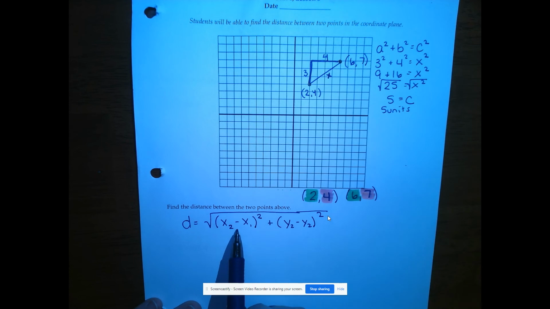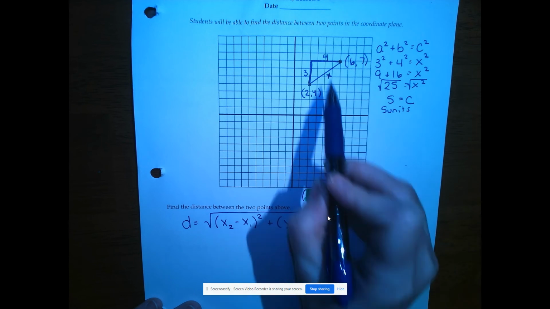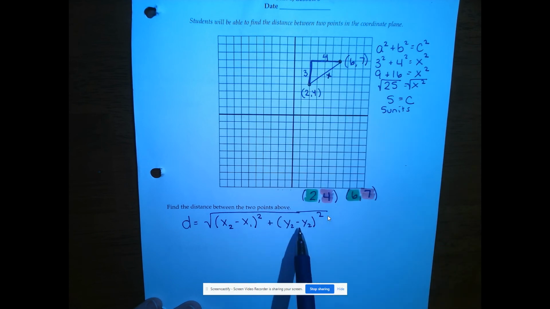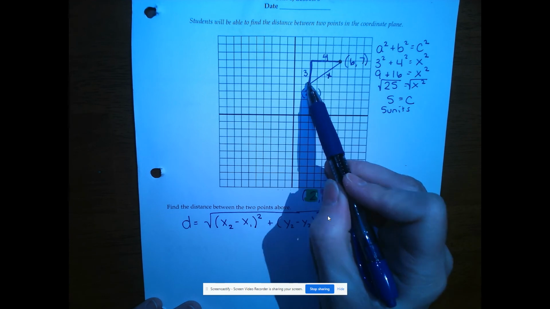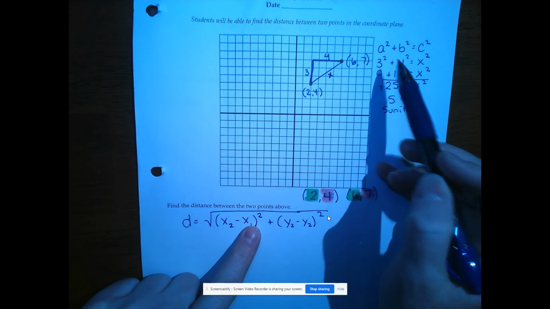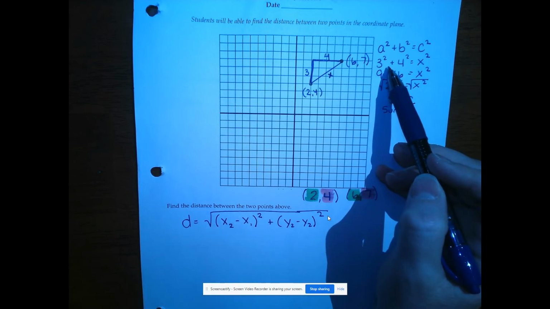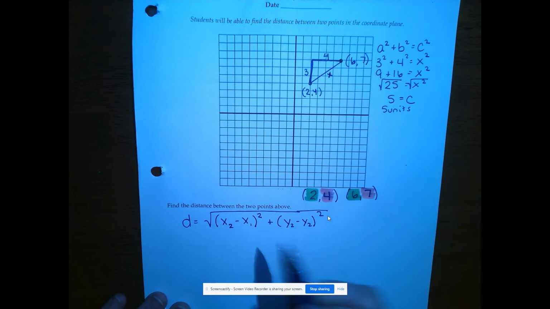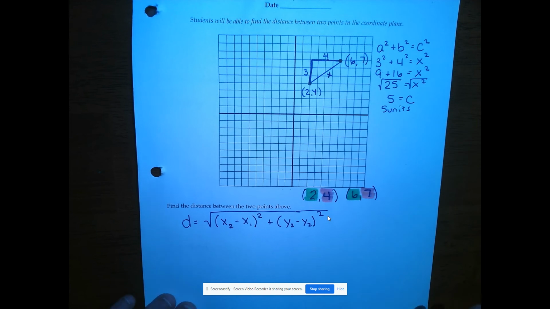So this is really finding that 4 across the top, and this is really finding that 3 along the side. These 2 things inside the parentheses are getting you the legs. They are squared because the formula has squared in it, right? We had to square them. And addition because we had to add them. So really you can see all of the parts are still there from the Pythagorean theorem.